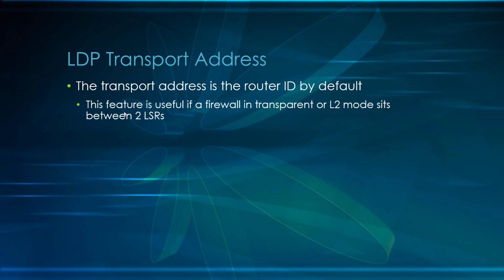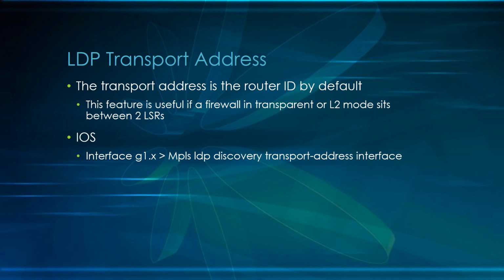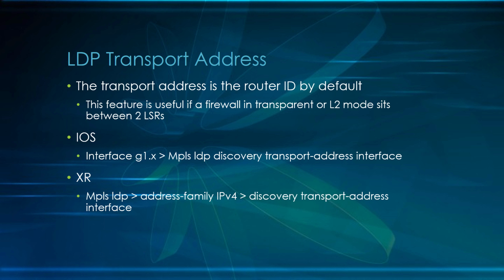In IOS, you would go to the interface level and change the MPLS LDP discovery transport address to the local interface. In XR, you would do it underneath the specific interface that you want to modify.